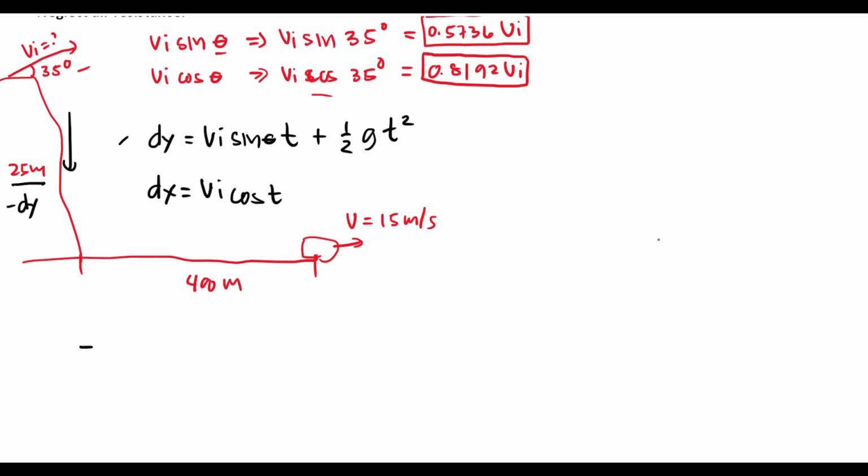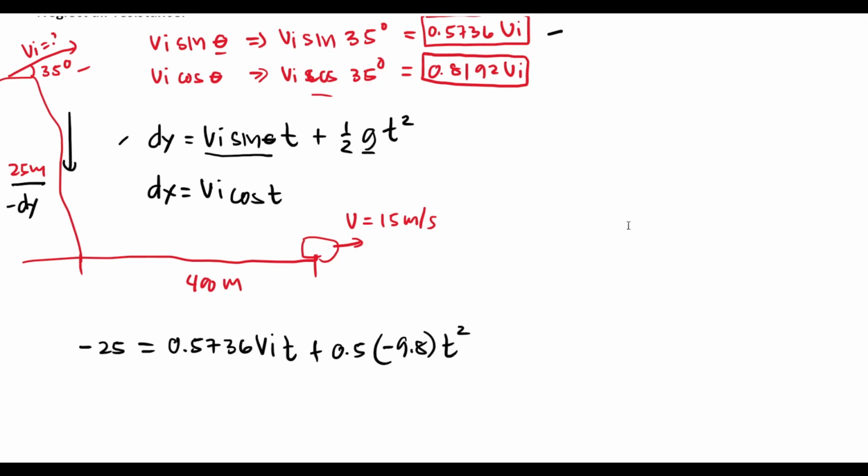So we have negative 25 equals the initial velocity times sine theta, so this is 0.5736 times the initial velocity, times the time, plus 1/2, which is 0.5, times gravity, which is constant. This is negative 9.8, times the time squared.